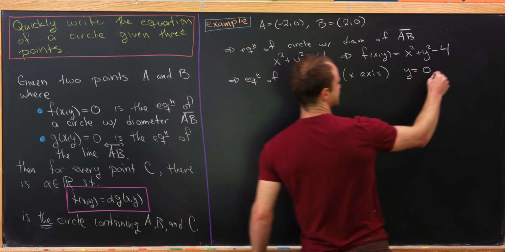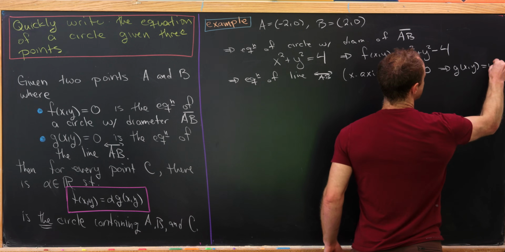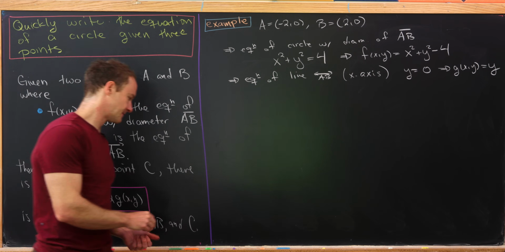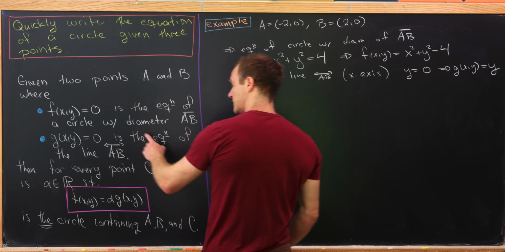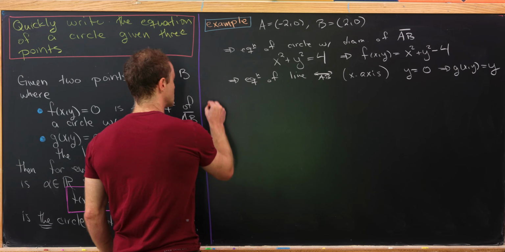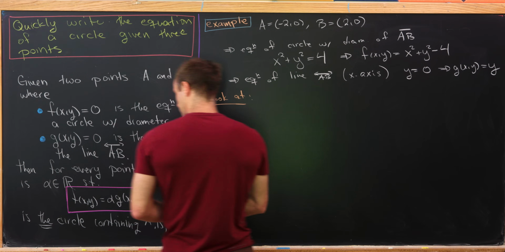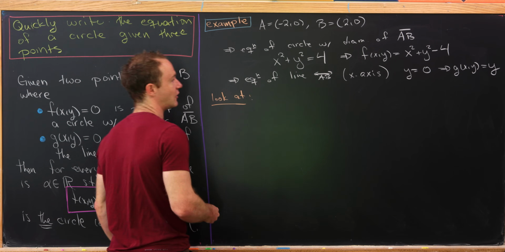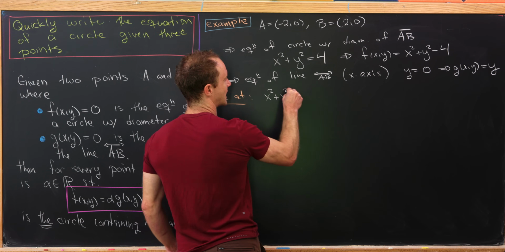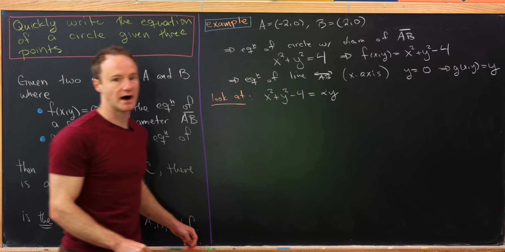But that tells us that our function g of x,y is simply equal to y. Okay, great. And so this tells us we should look at equations of the form f of x,y equals alpha g of x,y. In other words, x squared plus y squared minus 4 equals alpha times y.